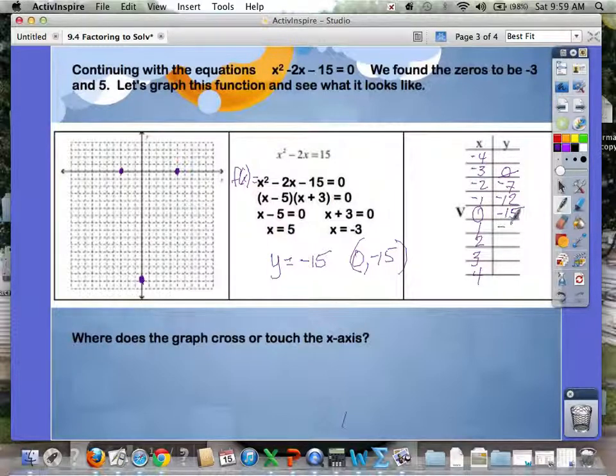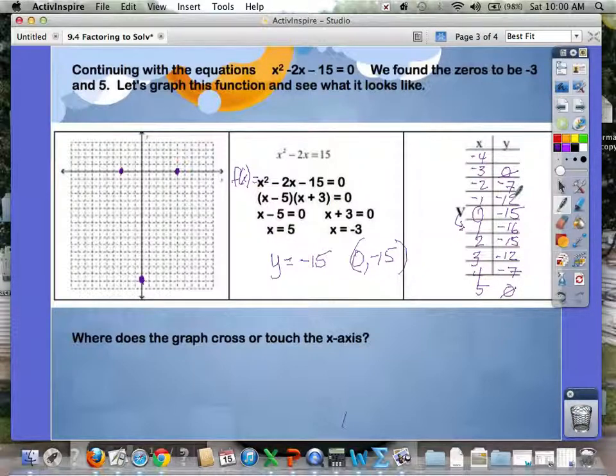And at 1, negative 16, which is the vertex. This should be right there. 2, negative 15. Whoa. 3, negative 12. And negative 7. And then 5, 0 should be right here.